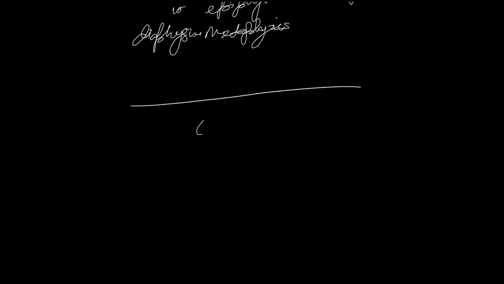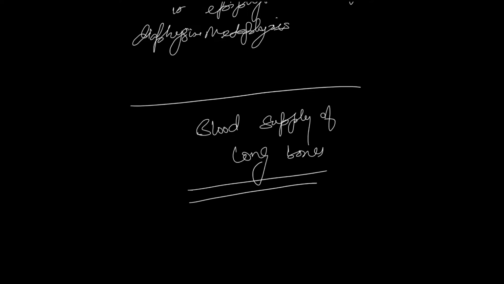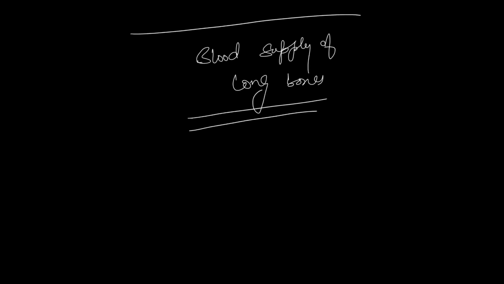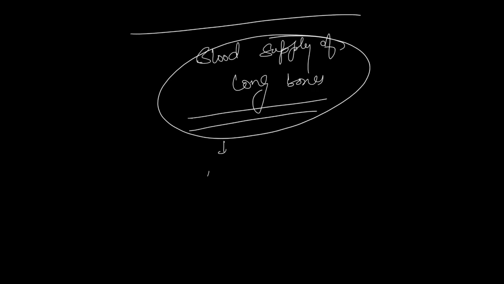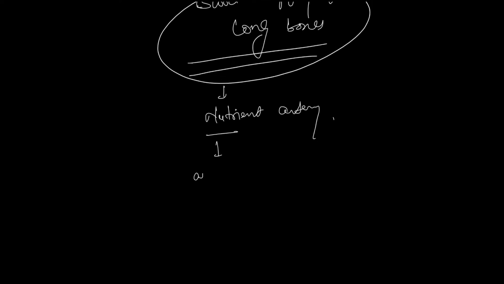What is the blood supply of long bones? Main blood supply of long bones is by nutrient artery. And this artery is always directed away from the growing end of bone.